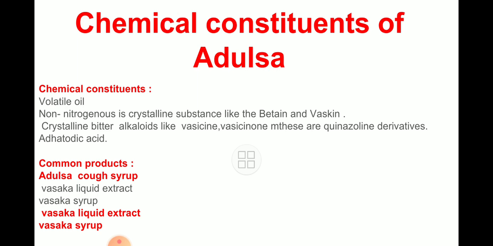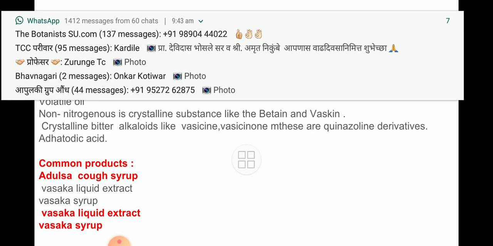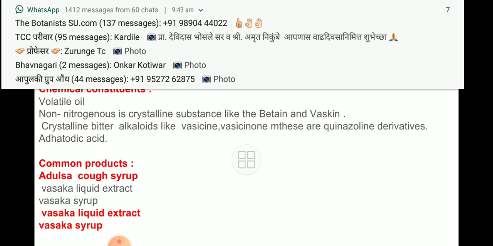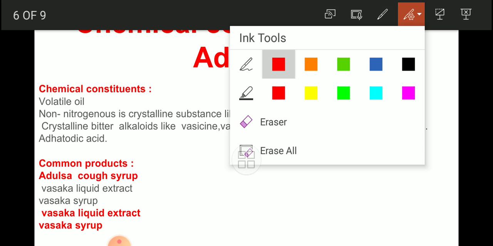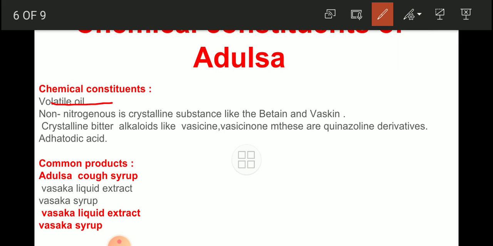Now chemical constituents of the adusa, as we have seen the botanical name of this adusa, Adhatoda vasica. Now you have to keep in mind the chemical constituents. Volatile oil is there into that one.